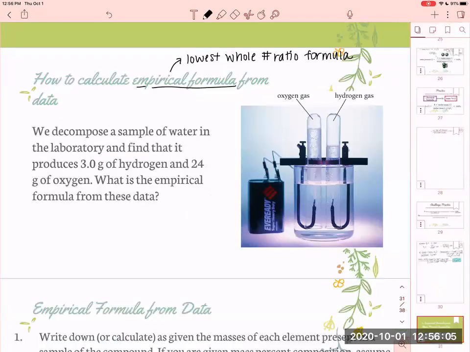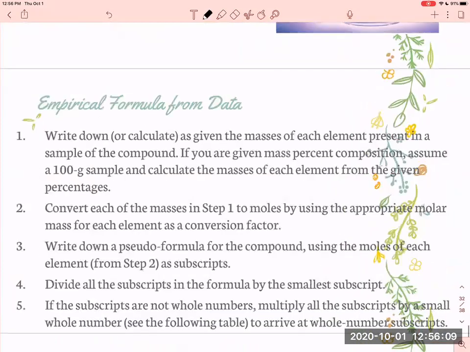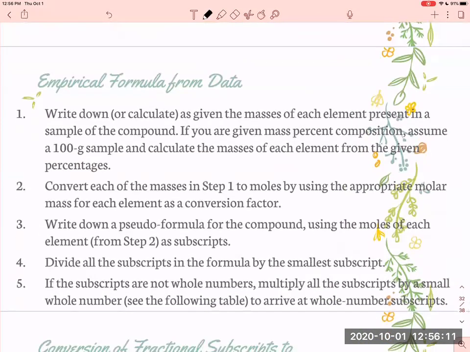I'm going to follow these steps. It may be helpful for you to screenshot these steps here so that you can use them, or pause and write them down in your notes. These are the steps outlined in your text that will produce for you an empirical formula.